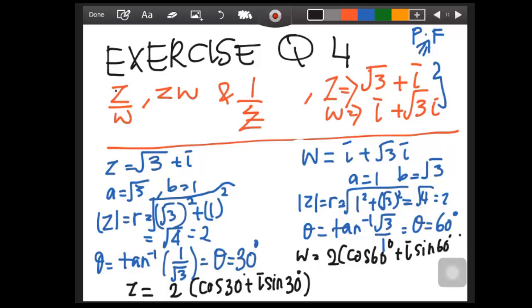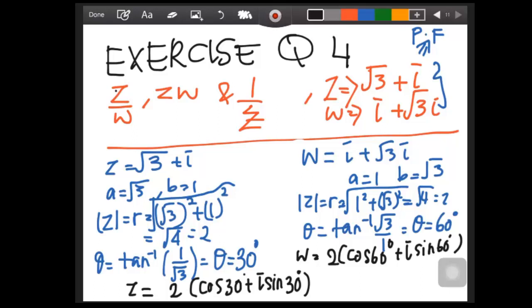Okay, so yang ni kita dah dapat. So kita nak cari nilai of Z over W, and then ZW, and then 1 per Z lah. Okay, so yang itu kita just darabkan, itulah Z per W tu. Okay, so kita ada kat situ 2, 1, 1, 60, 1, 30 lah.